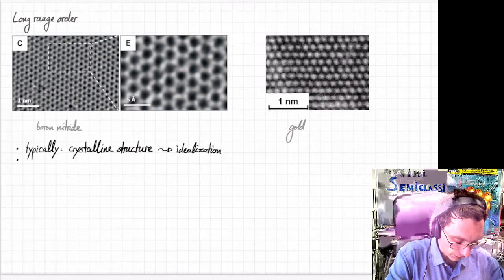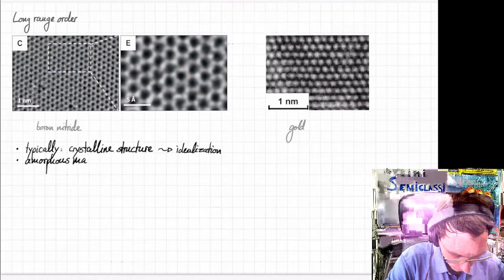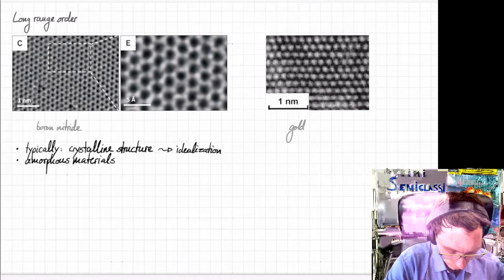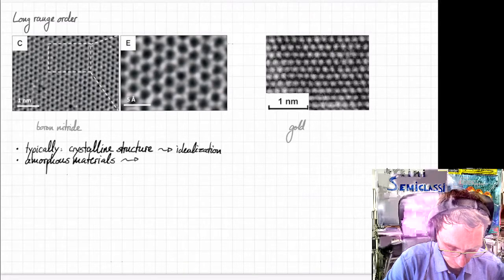So as I said, amorphous materials are possible to treat rigorously, but this is a different mini course.